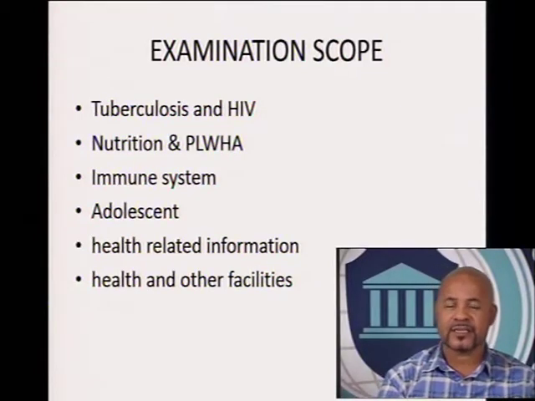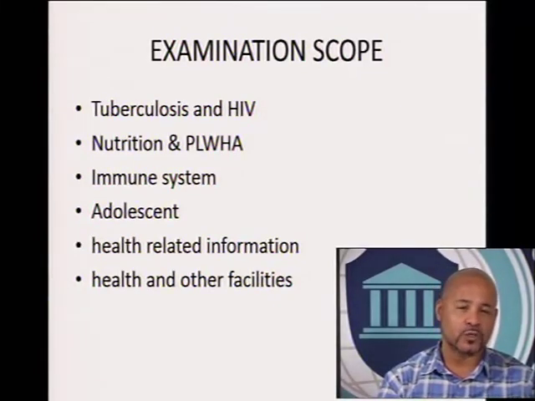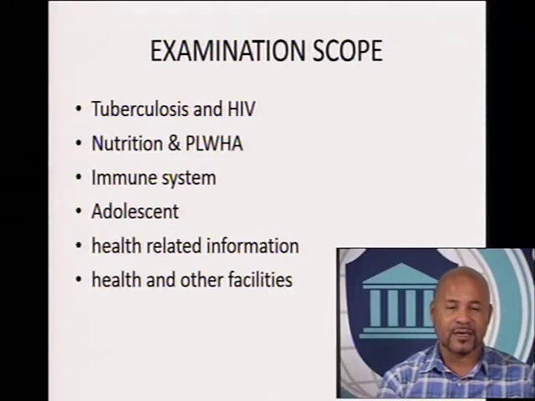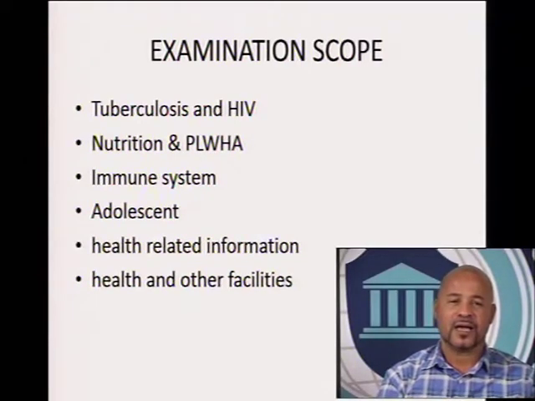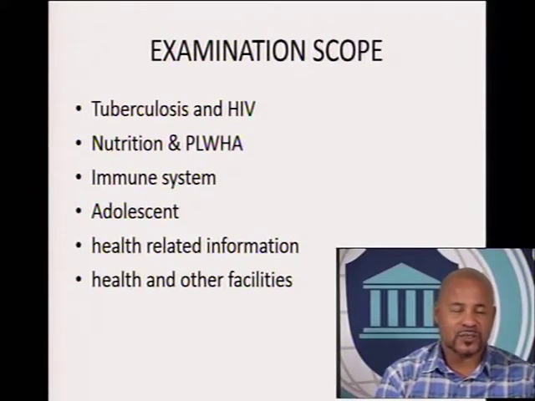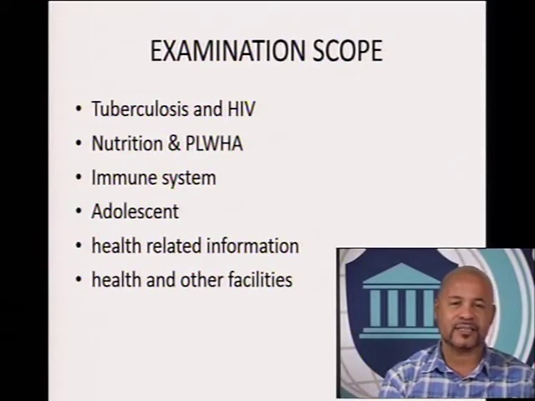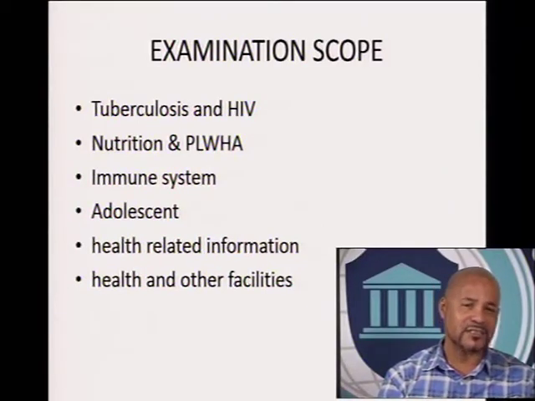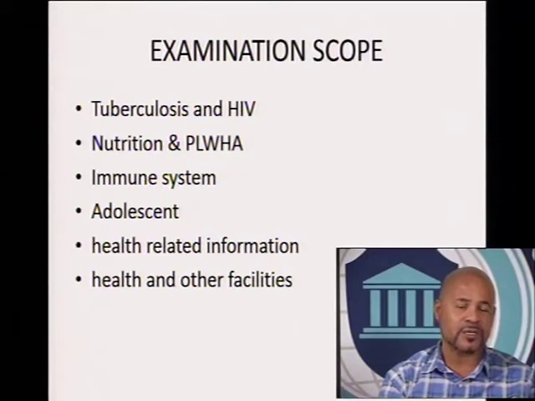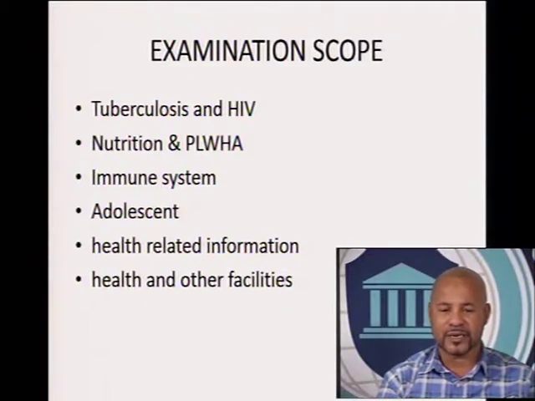Now remember that health-related information can also create massive panic. People can become so panicked and confused that it can result in riots where community members take things into their own hands, and at the end you've got a bigger problem. So information is very important, specifically when it comes to health-related information.